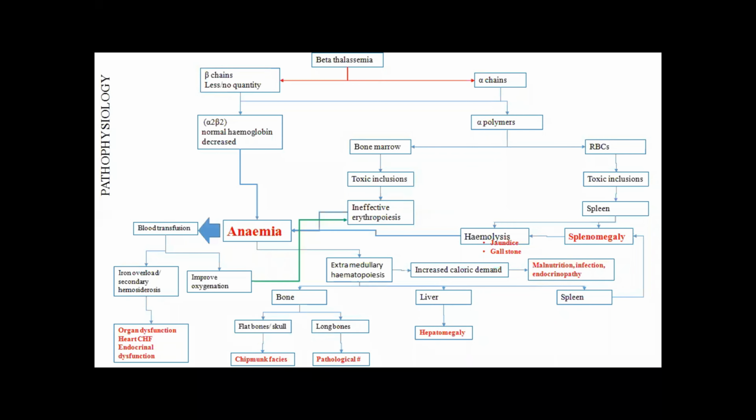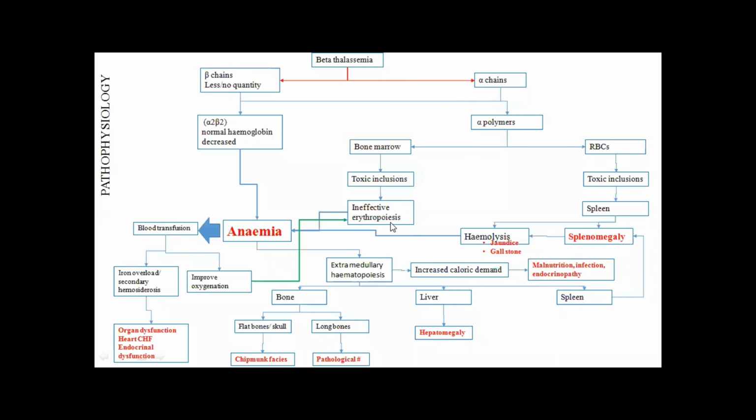In the bone marrow, these toxic inclusions lead to the destruction of erythropoietic precursor cells, and this is known as ineffective erythropoiesis. If there is ineffective erythropoiesis, less and less hemoglobin is going to enter circulation, leading to anemia.